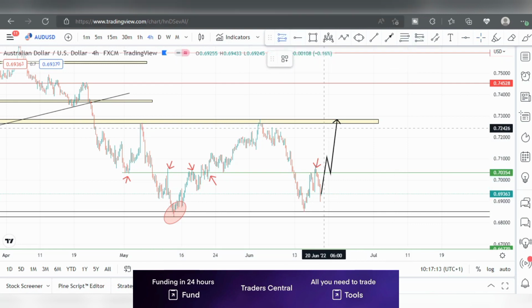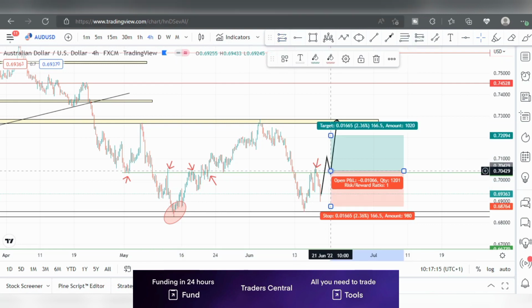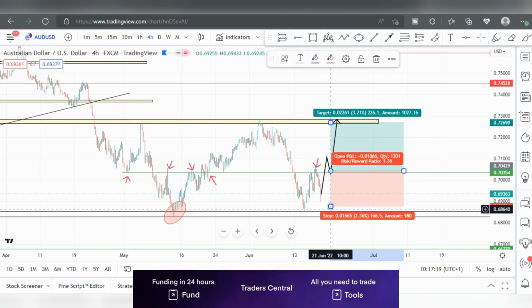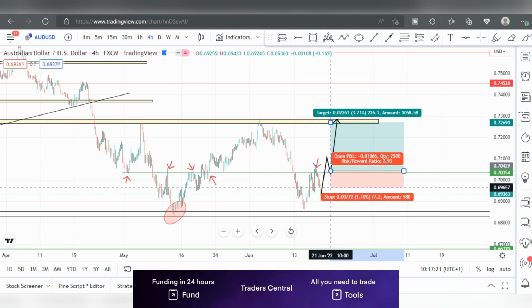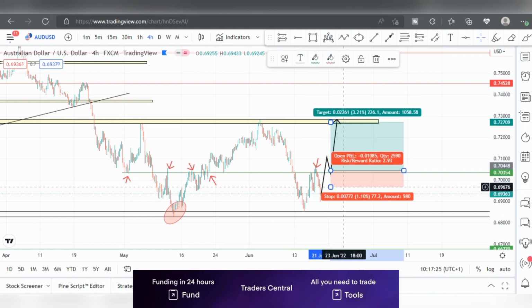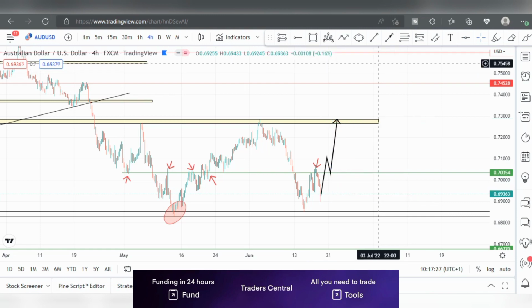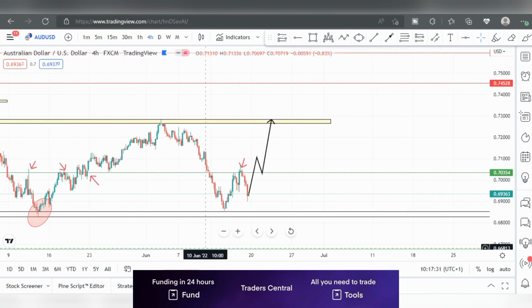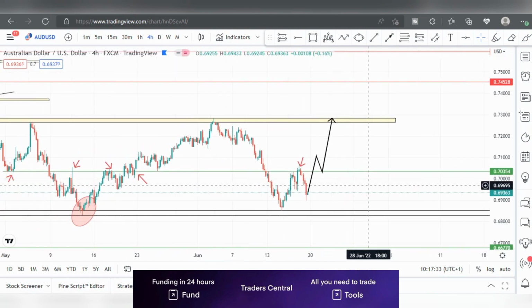If that happens, I'll be looking to gain about 200 pips. That's a very good trade actually. So it's one that I will just be patient enough to wait for to play out, and then I'll capitalize on that. So basically, this has been my analysis for Aussie USD.